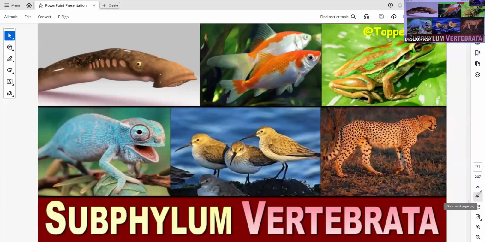There are certain findings in which primitive forms of limbs are present in certain animals like the boa, the python reticularis. इनमें आपको vestigial legs दिखेंगे. ठीक है?